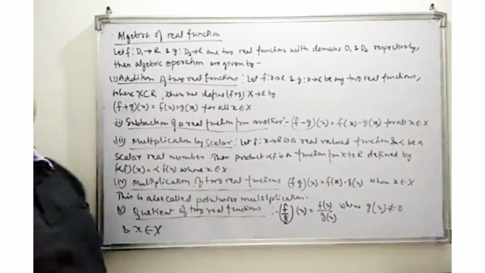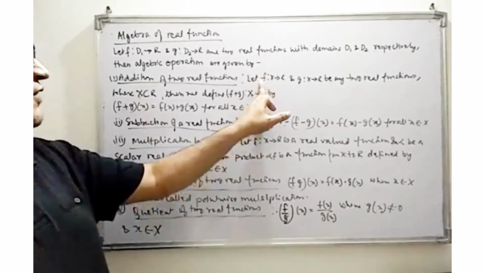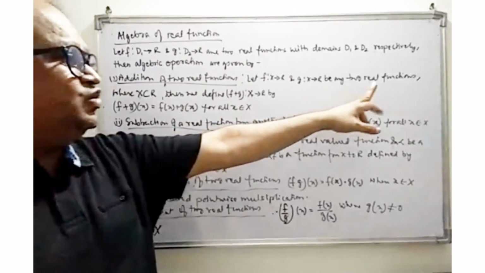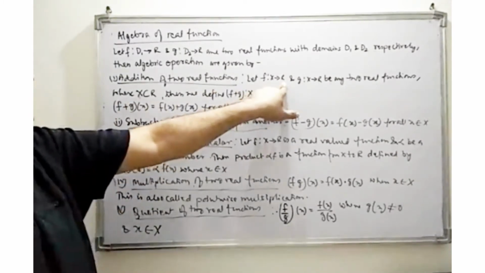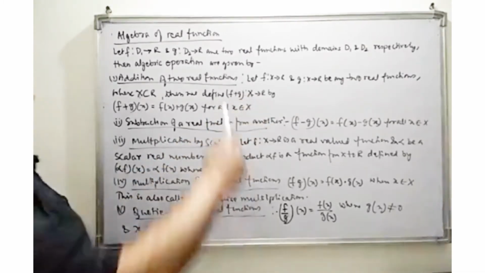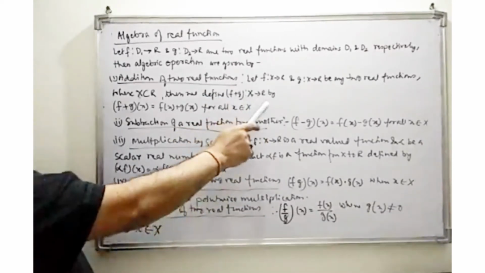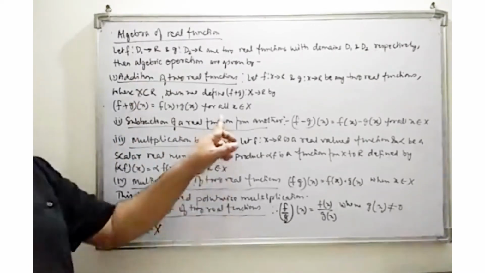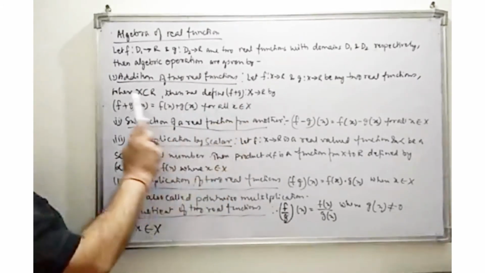Then the algebraic operations are given by, first, addition of two real functions. If function f(x) mapping to R and function g(x) mapping to R are any two real functions, where X is a subset of real numbers, then we define (f plus g)(x) mapping to R by the addition of these two functions, (f plus g)(x) equals f(x) plus g(x), where all small x belong to capital X. That is the addition of two functions.